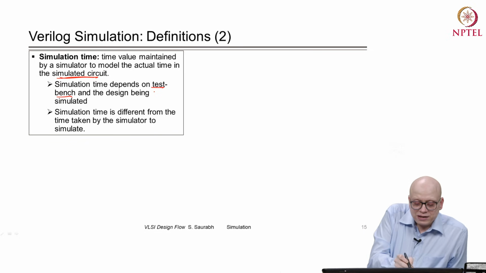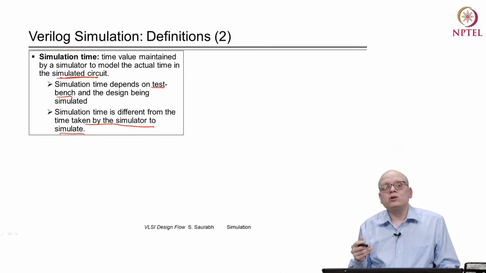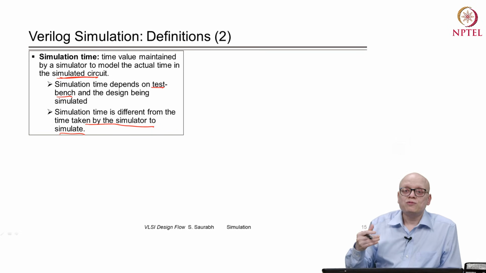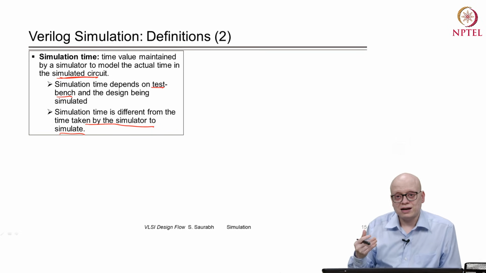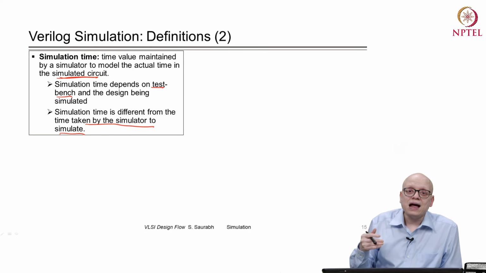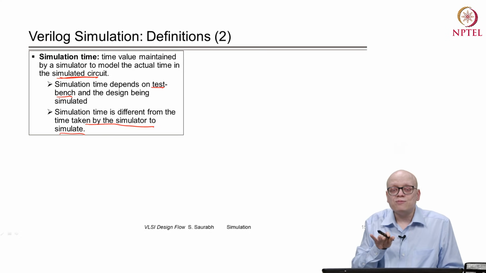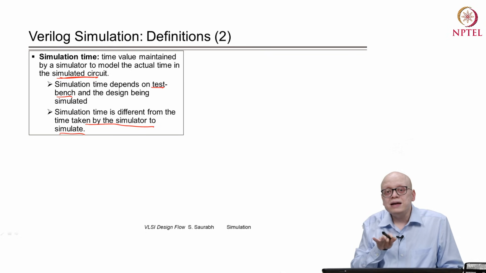But the time taken by the simulator to simulate is dependent on the processor on which we are running our simulator, and it also depends on the algorithm of the simulation. So, different simulators can have different times of simulation, but the simulation time for a given event should ideally be the same for any simulator.